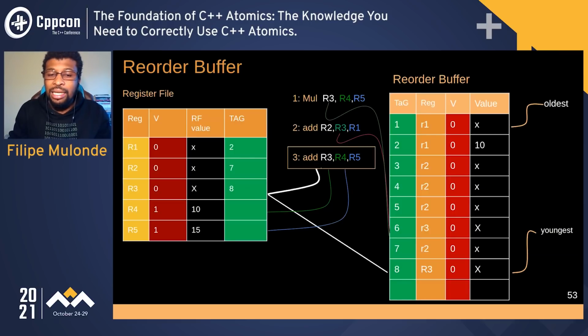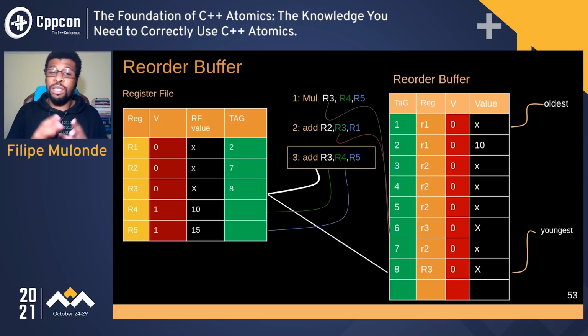Now, let's see how, because we are using the reorder buffer to perform register renaming, we can eliminate anti and output dependencies. Here I assume that we are in a data flow processor. Going forward, it will be clear what I mean by a data flow processor.